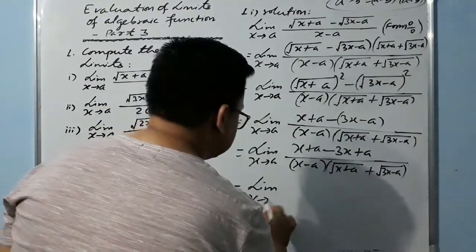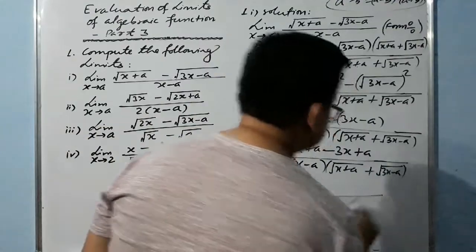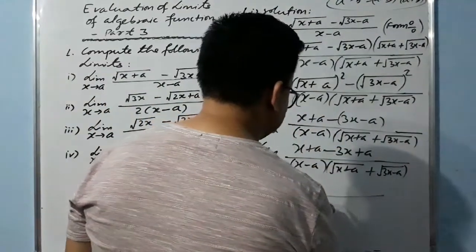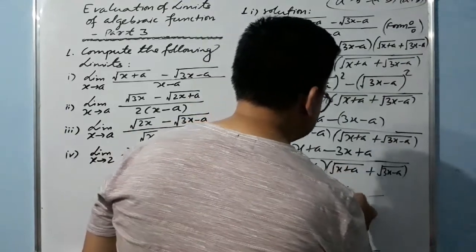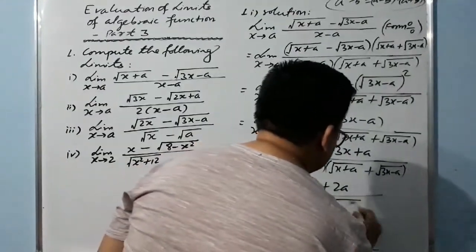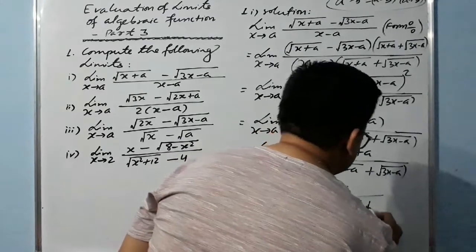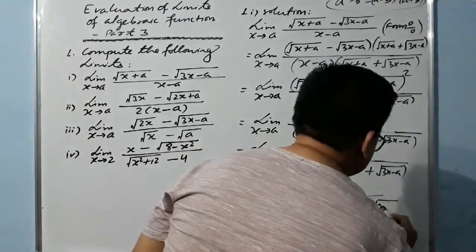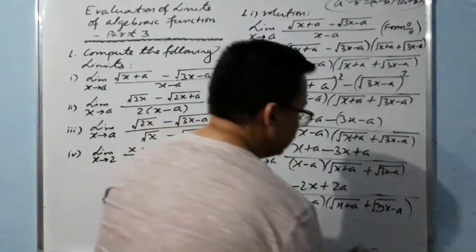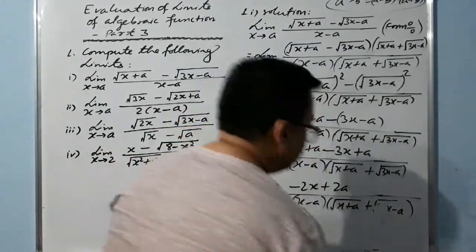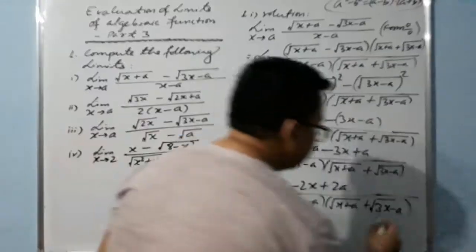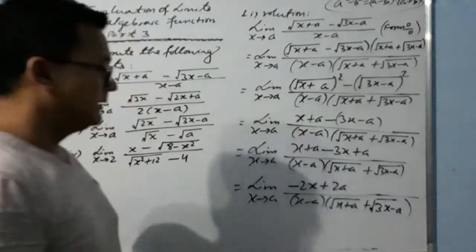Limit as x tends to a, or x minus 3x means minus 2x here, plus 2a, over x minus a into root x plus a plus root 3x minus a. Alright, any problem?